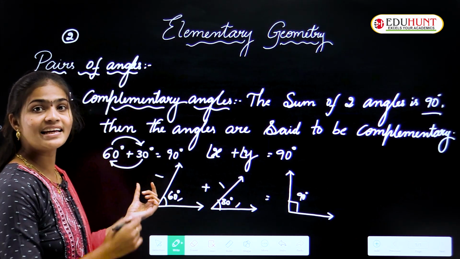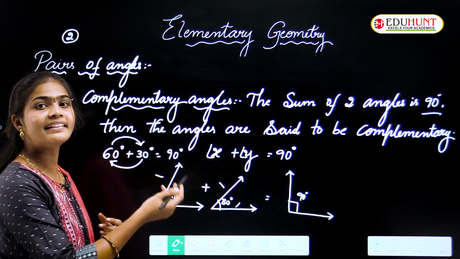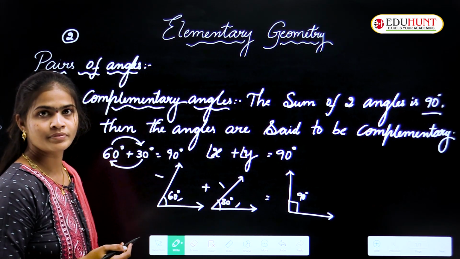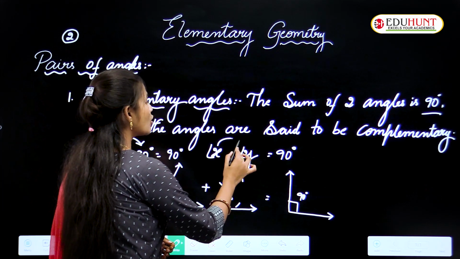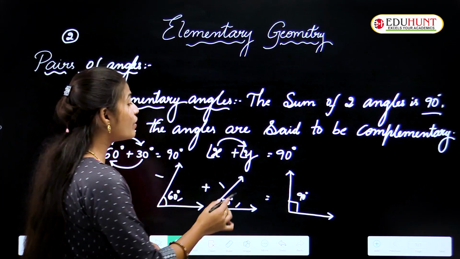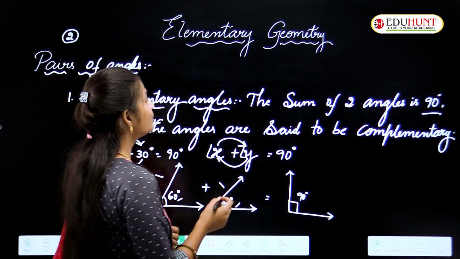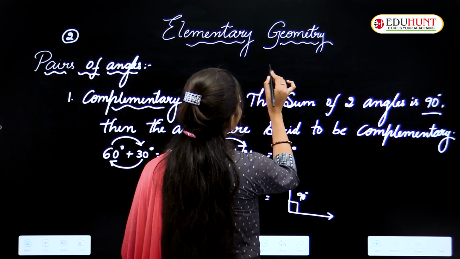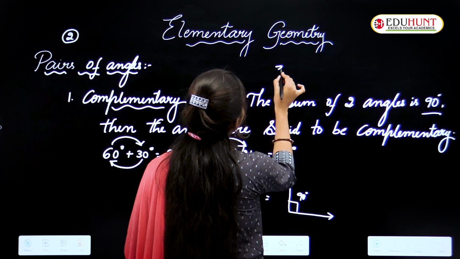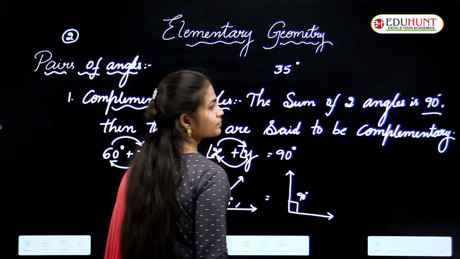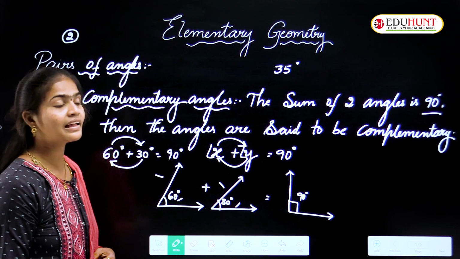Which means 60 is a complement of 30 and 30 is a complement of 60. In the same way, x is the complement of y and y is the complement of x. For example here, I'm giving 35 degrees.